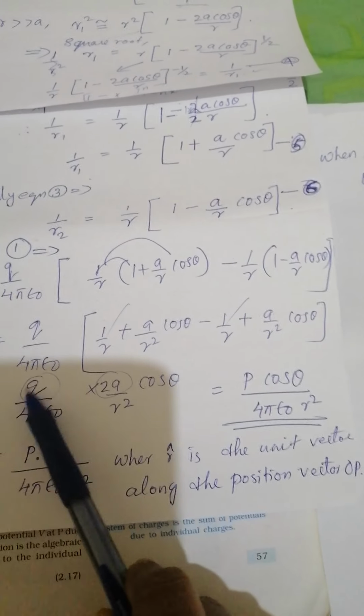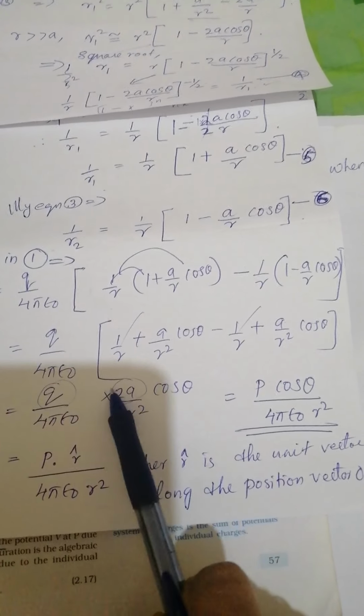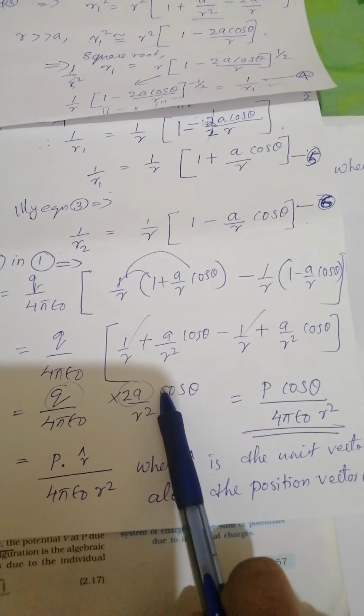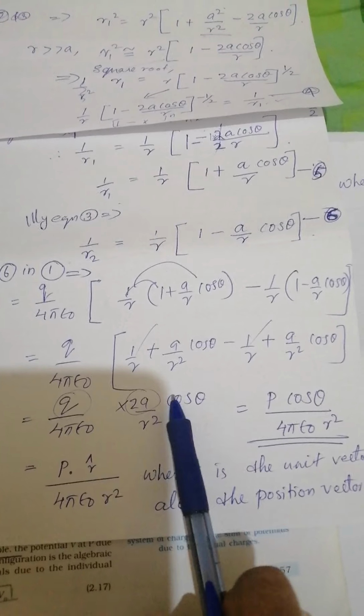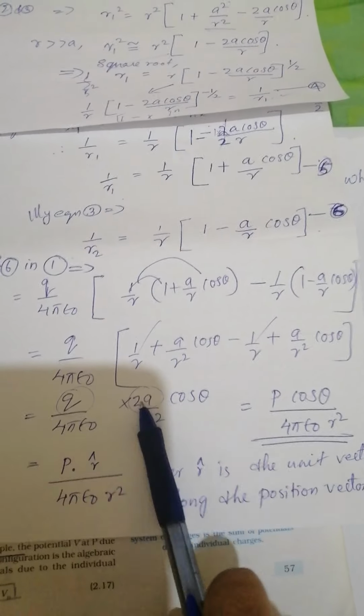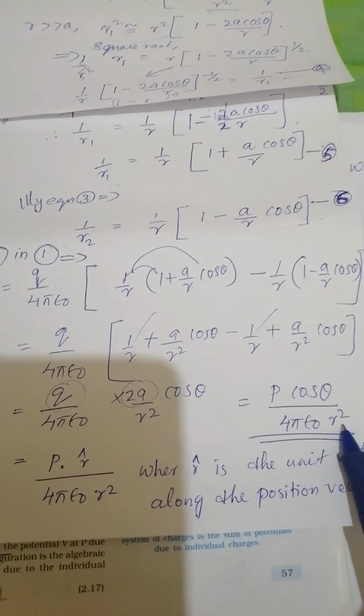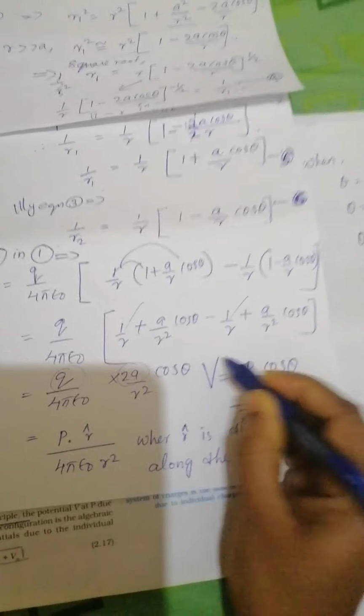And we already know that charge into distance, that is q into 2a, where 2a is the distance between the two charges of this dipole. So charge into distance, q into 2a, is the dipole moment p, so we get p cos theta divided by 4 pi epsilon 0 r square.